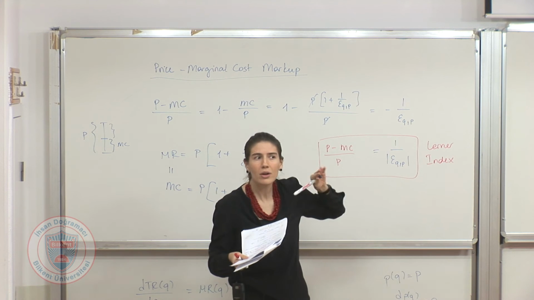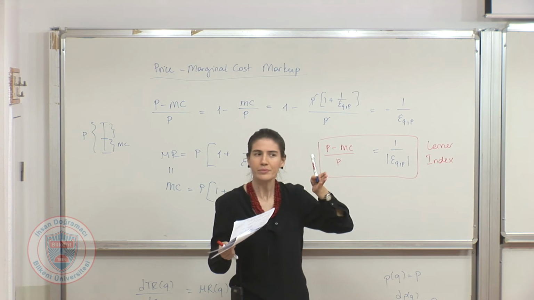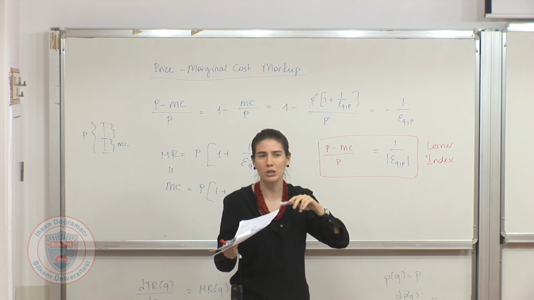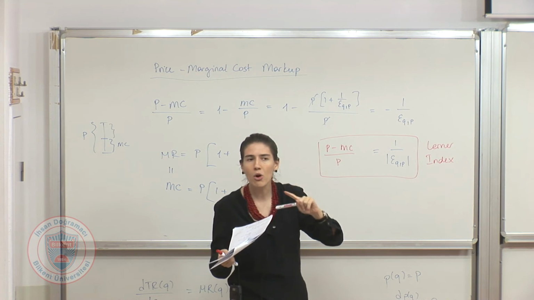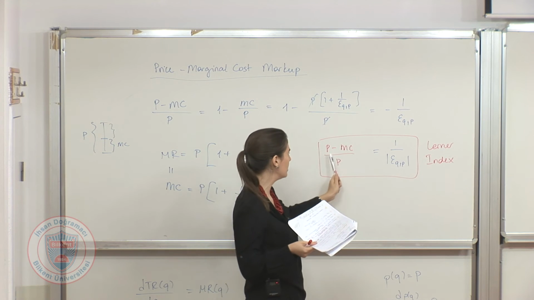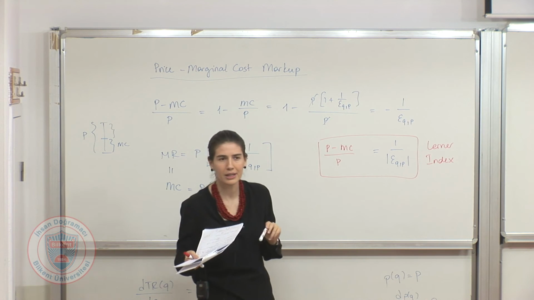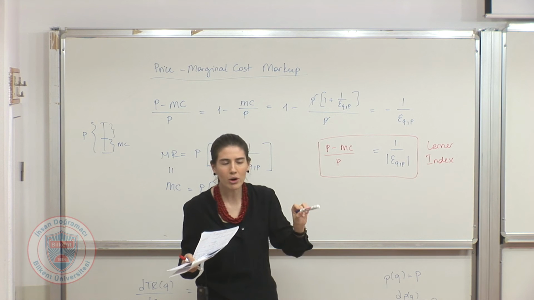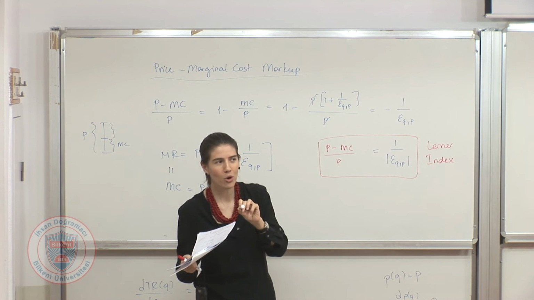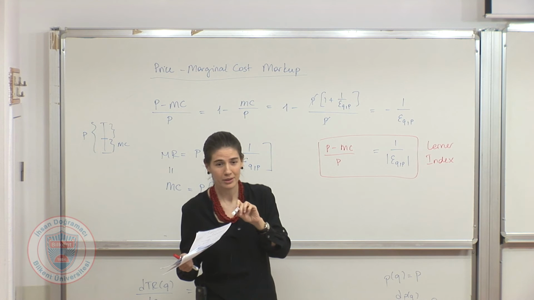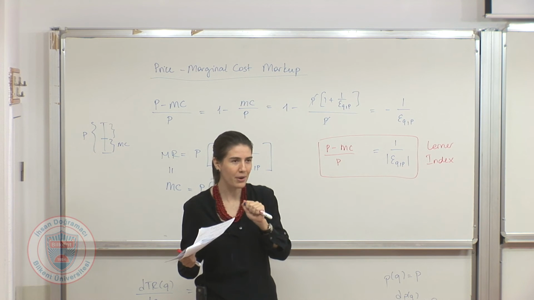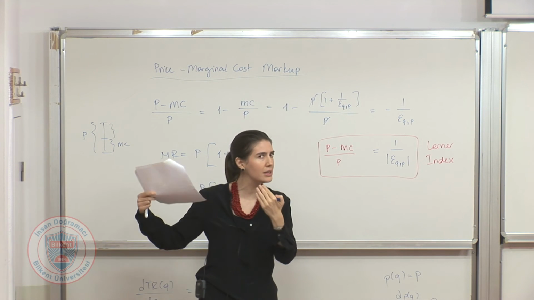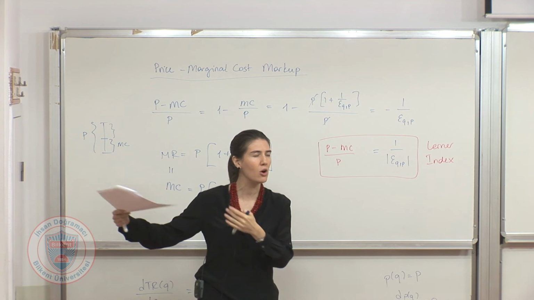So when elasticity gets larger, what's happening to the Lerner index? It's falling, right? So the more elastic, the less the markup. We're getting closer to the perfectly competitive case.